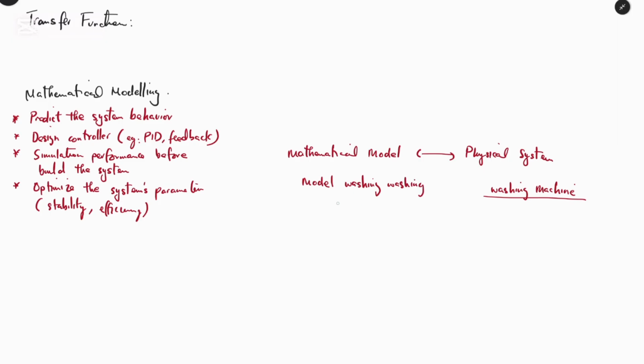And we know the two approaches that we discussed in our previous video. The first one is nothing but the differential equation. And the second one is the transfer function.